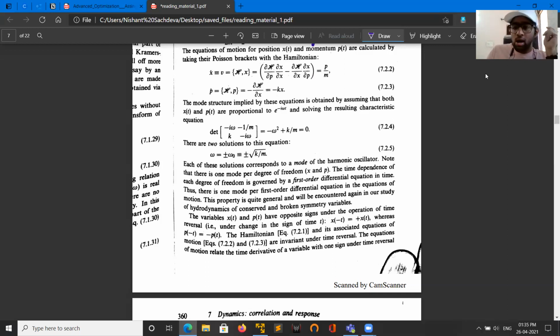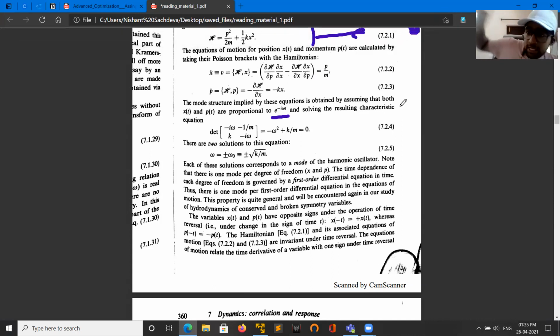The time dependence of each degree of freedom is governed by a first order differential equation in time. Thus, there is one mode per first order differential equation. What we had before was one mode per degree of freedom. Now the per degree of freedom depends on a first order differential equation in time.